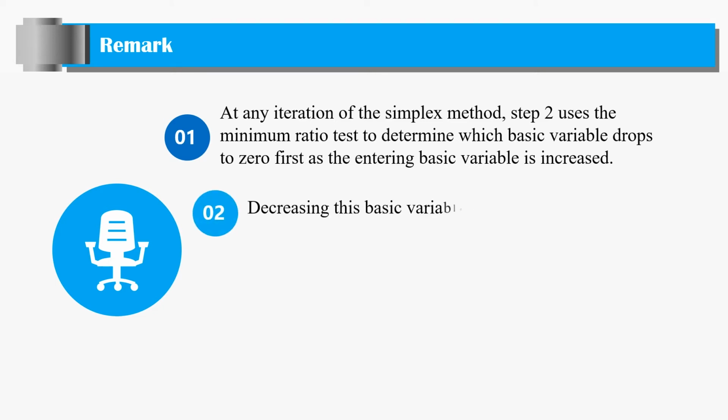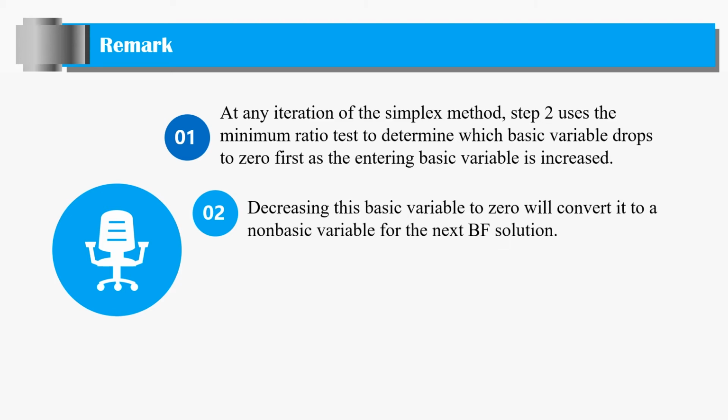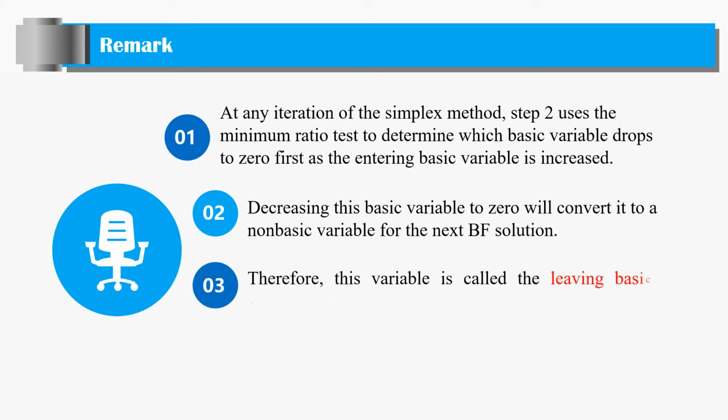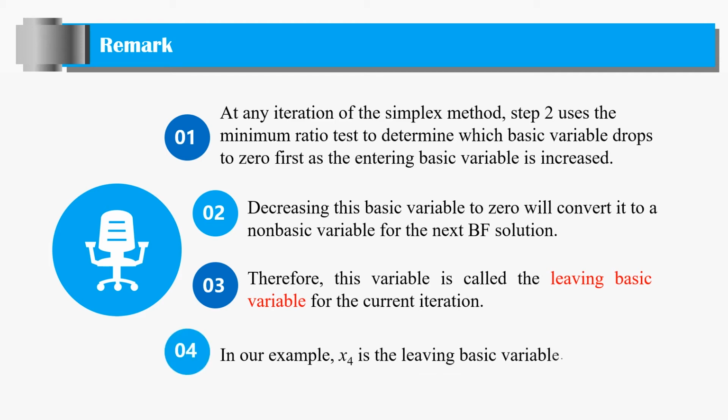Decreasing the basic variable to 0 will convert it to a non-basic variable for the next BF solution, as we defined a variable equal to 0 as a non-basic variable. So the variable changes from a basic variable to a non-basic variable, and this variable is called the leaving basic variable for the current iteration. In our example, x4 is the leaving basic variable.